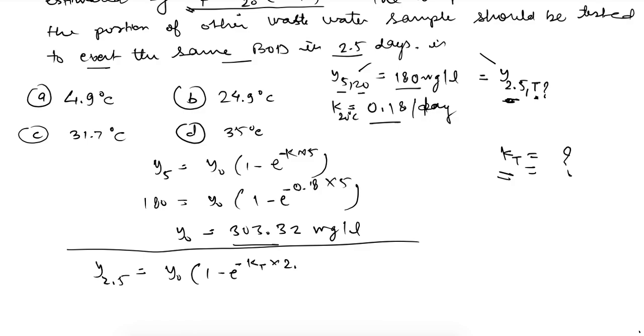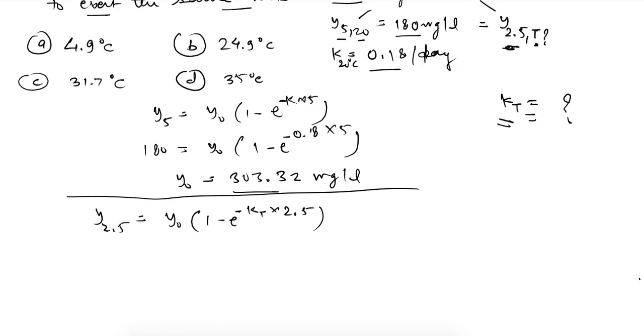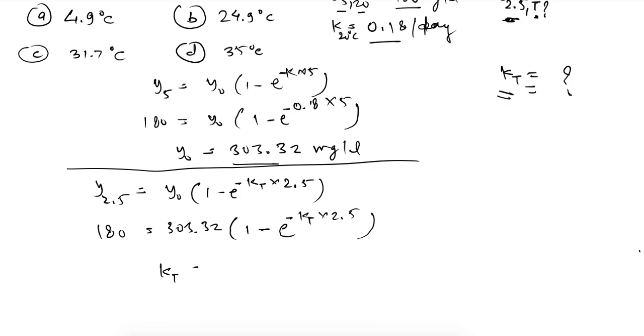We put in 180, Y naught which we just calculated as 303.32, and the 2.5 we know. From here, Kt comes out as 0.36 per day. So this time we know the Kt. Now we have to find the corresponding temperature, that is, the value of capital T here. For that we know the formula Kt equals K20 into 1.047 to the power T minus 20.